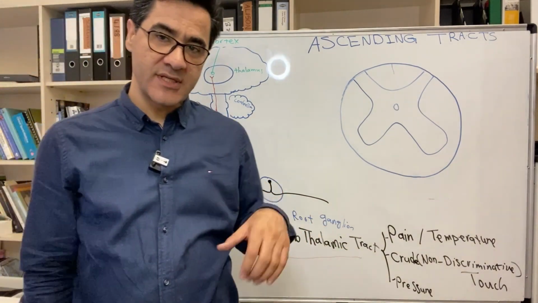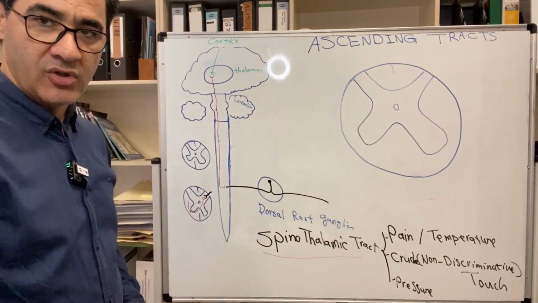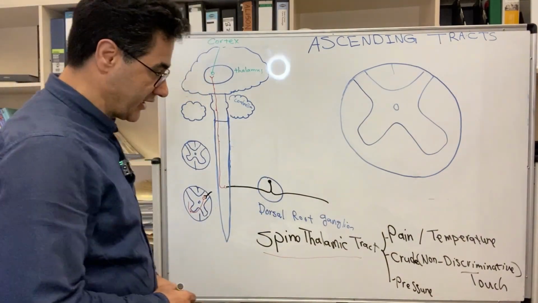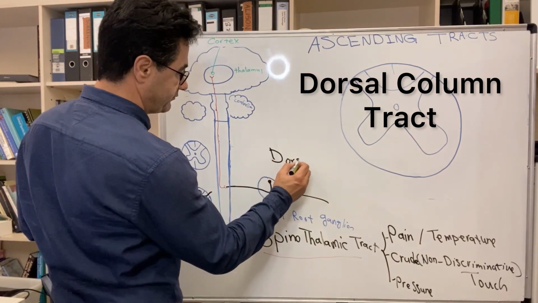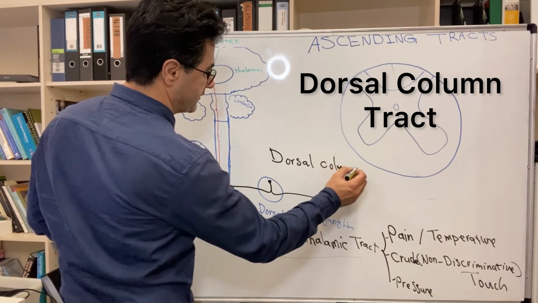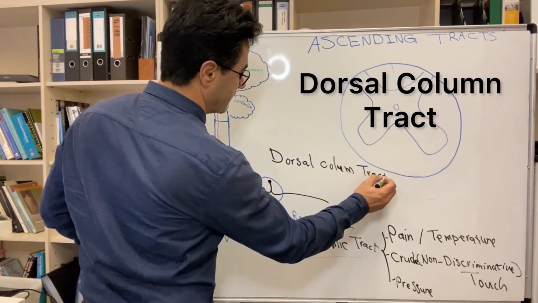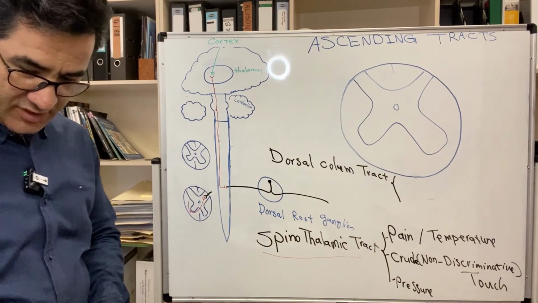Now I'm going to focus on the second ascending tract in this video. It is called the dorsal column tract. The dorsal column tract carries specific sensory information.